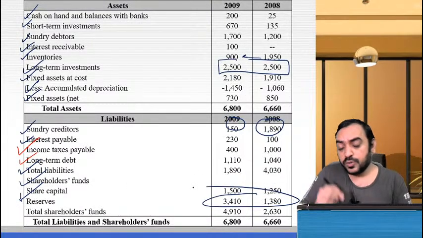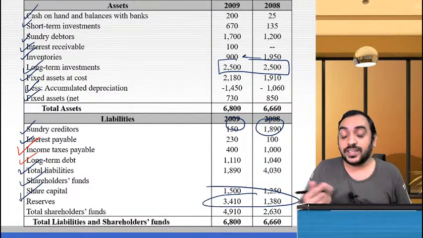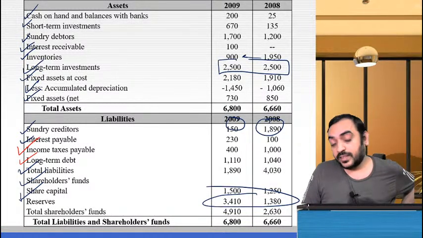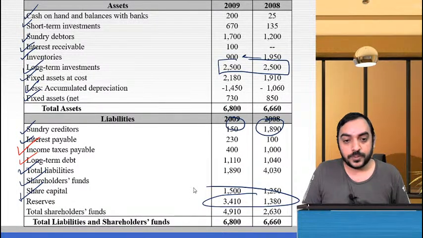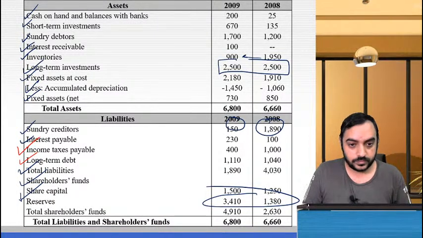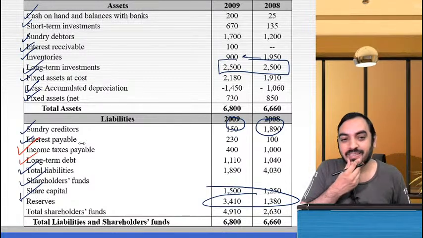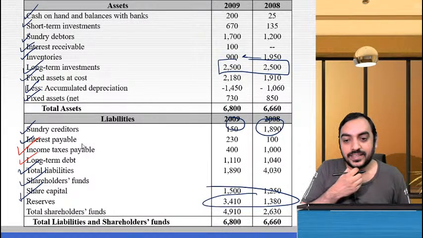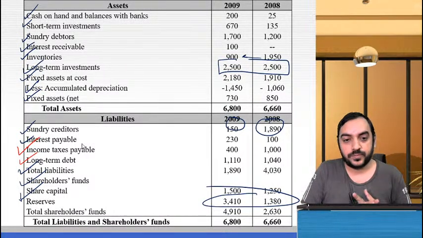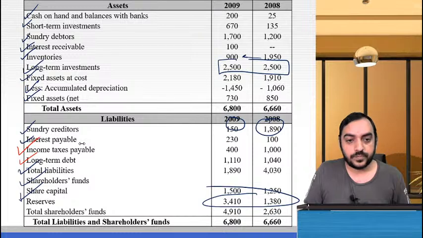Reserves 1380 becoming 3410. So how much will be the reserve? Increase in reserve, 3410 minus 1380, 2030.